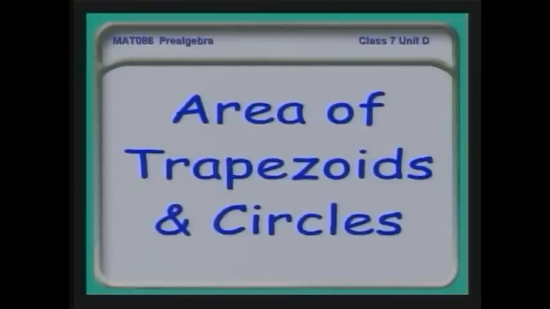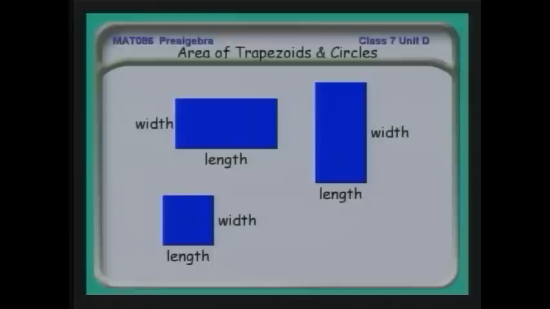Let's now play with some geometry problems and use fractions for calculating areas. We have already played a lot with the areas of rectangles, and no matter which way the rectangle goes, the area is the length times the width.